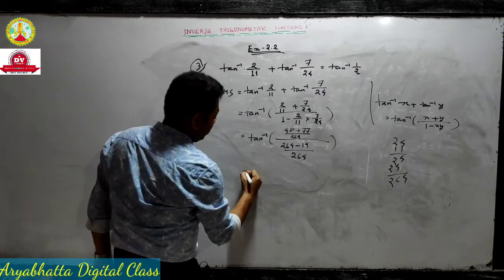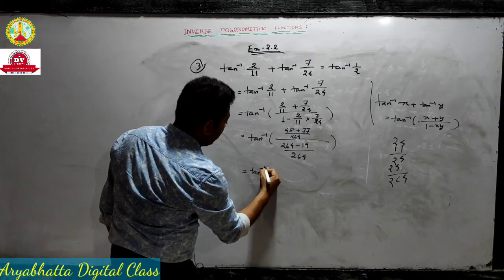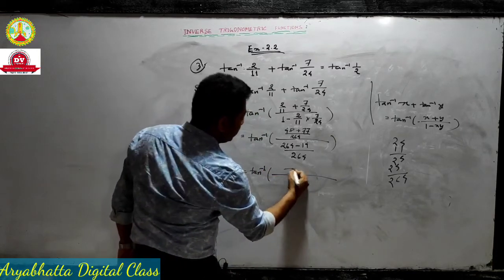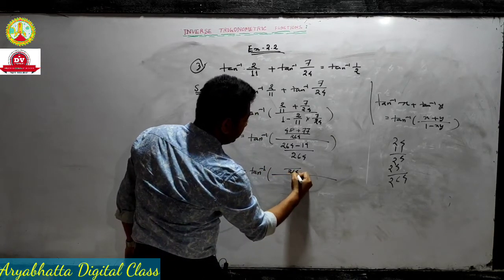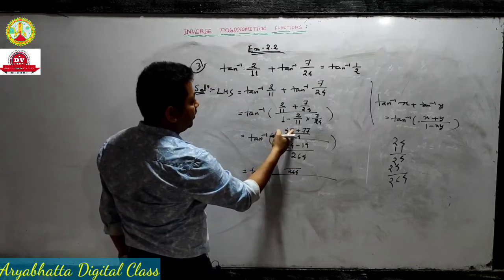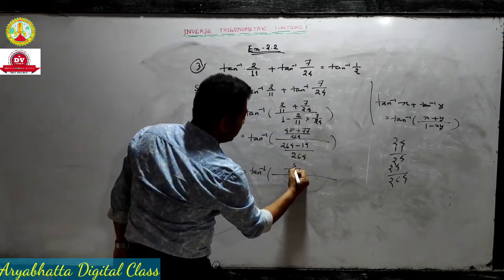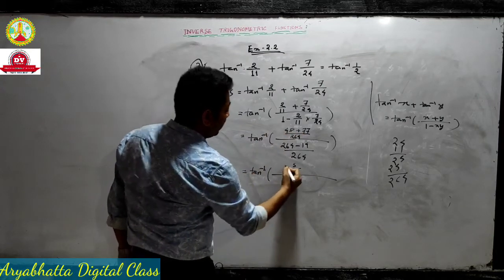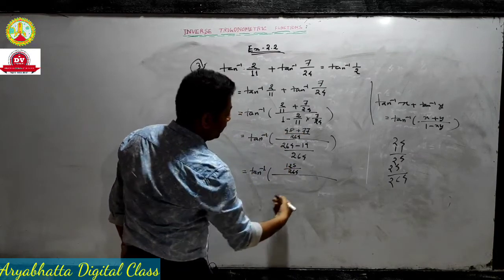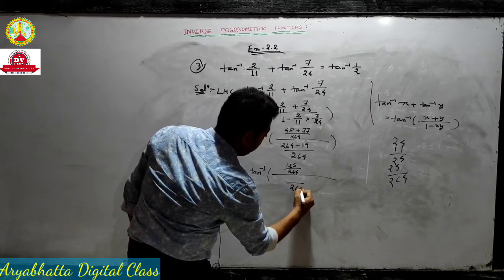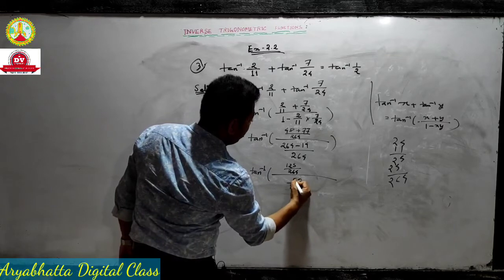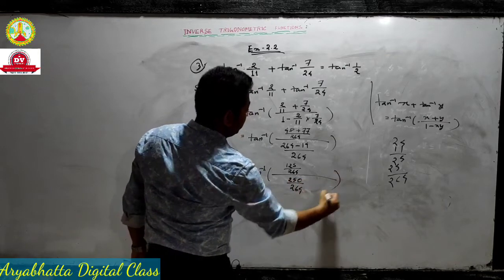This is equal to tan inverse, 48 plus 77 is 125, divided by 264 minus 14, which is 250.